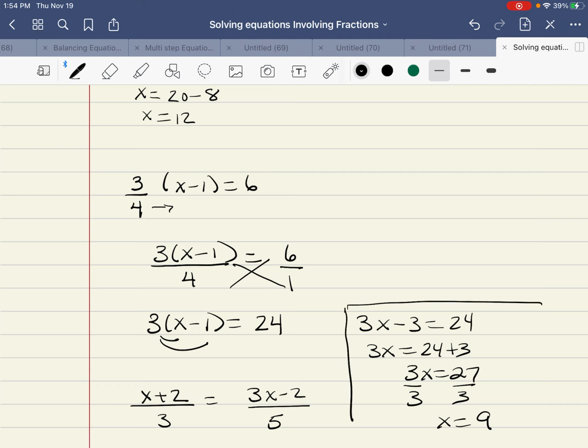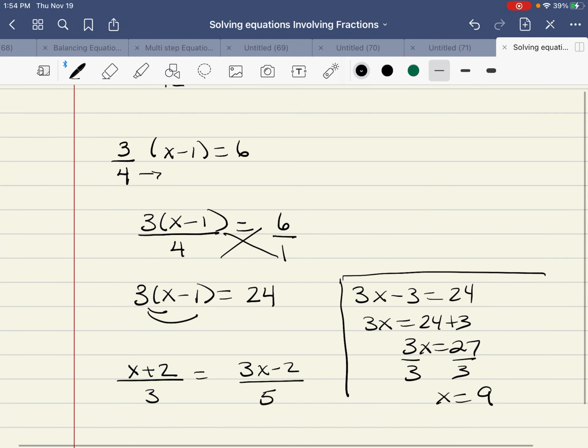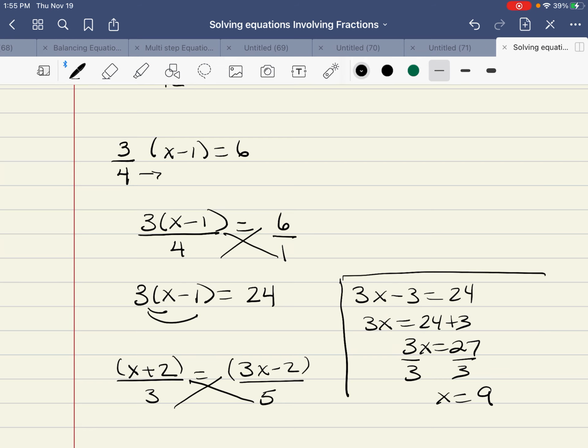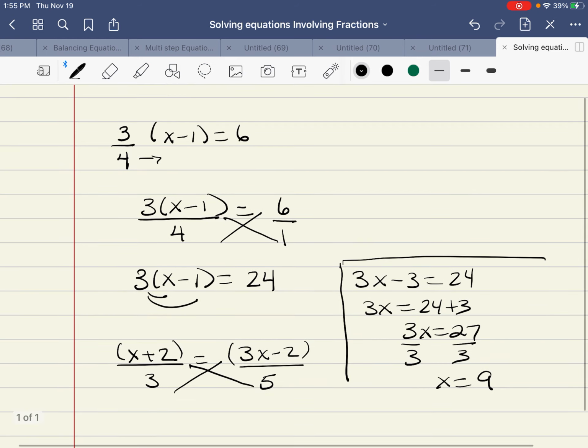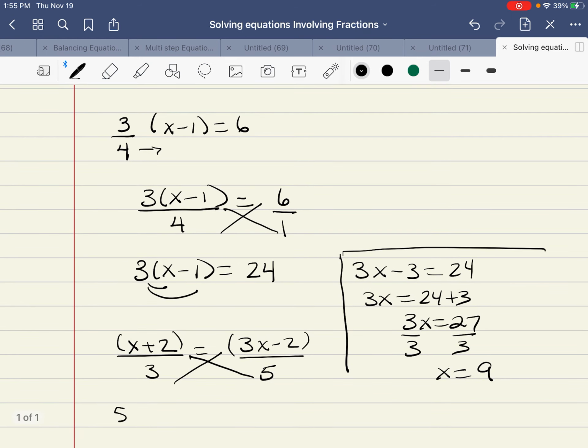My next one. And again, this one here, it's already a fraction over 3 equals a fraction over 5. Perfect example. I've got equal fractions. Put some brackets across those numerators. So 5 times x plus 2, so I'm not going to be in a hurry and multiply it out right away. I'm just going to get it ready to multiply.